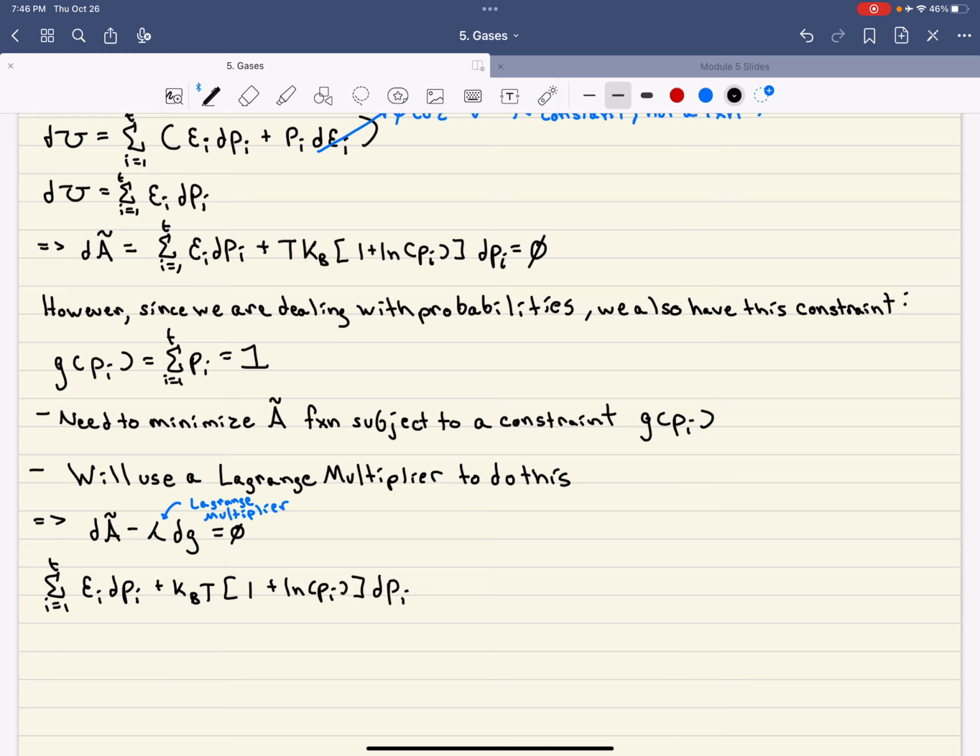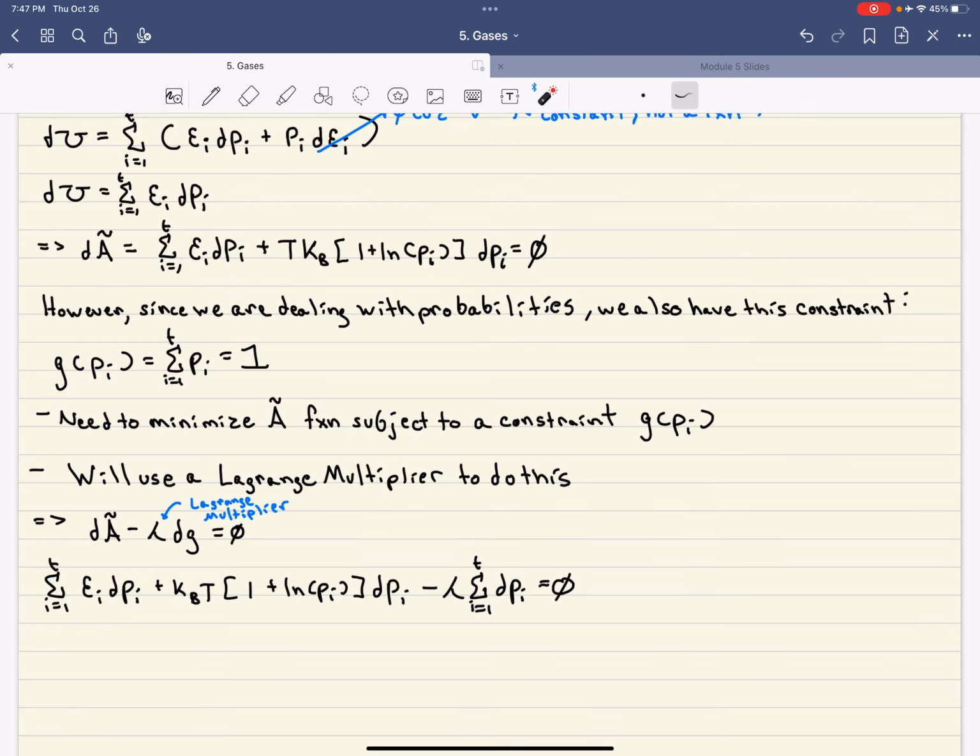All right, and then now we have our lambda. And now we need to take the derivative of g. Fortunately, the only thing in the g function is p, so its derivative is fairly simple, just dpi. And all of that is equal to 0.